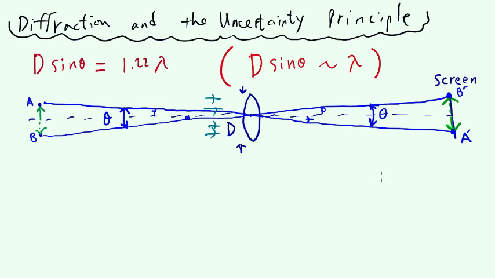So you can apply that to beams now which are coming in at a small angle in the same manner. So what happens is that the beam that comes to A prime is not a sharp spot anymore. It's a beam profile which, let me draw it this way.